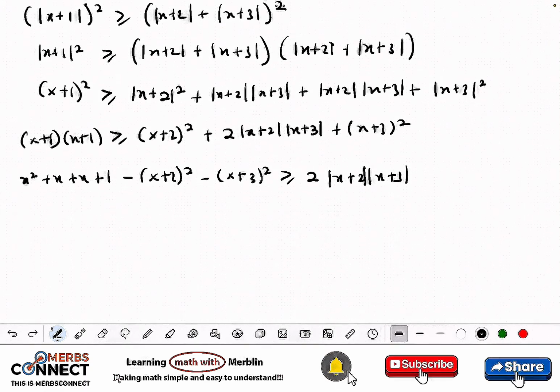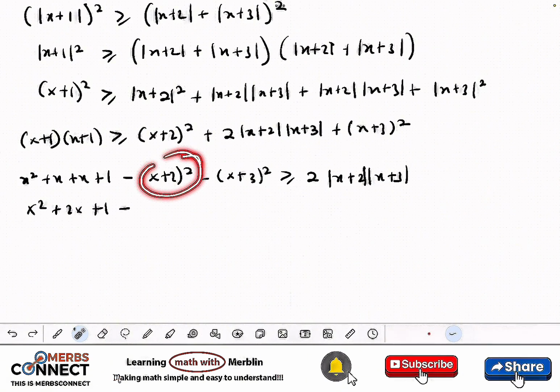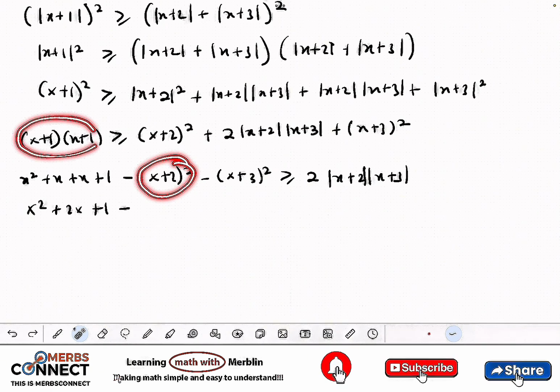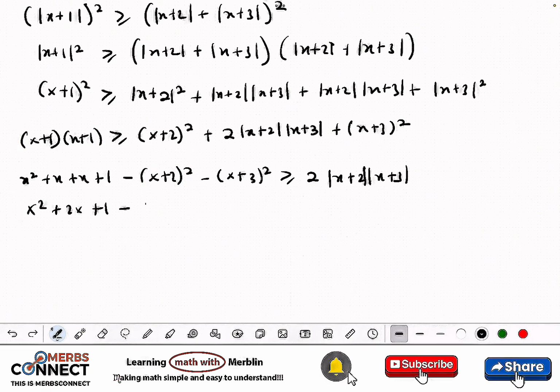So this is going to give us x² + 2x + 1 minus this one too. I can expand this one. So when you want to expand this one, you can use the idea of writing this one as (x + 2) minus this one can be written as (x + 3) greater than or equal to.